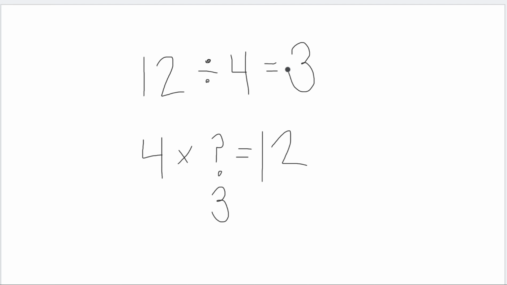When you see a division problem, you can look at your divisor and think, okay, what do I have to multiply that by to get to my dividend? Let's try one more. Let's do 20 divided by 5.